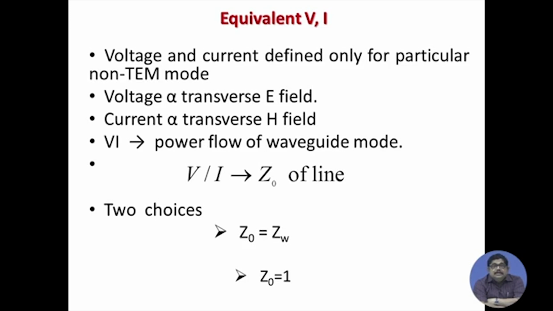That impedance so defined can be made equal to the wave impedance, because every mode has a modal impedance, which is the ratio of the transverse electric field to transverse magnetic field, so that the power can propagate in the z direction, that is called Z w or wave impedance. So, you can make that impedance so defined from voltage by current either as wave impedance, or you can normalize that. These 2 choices are existing.